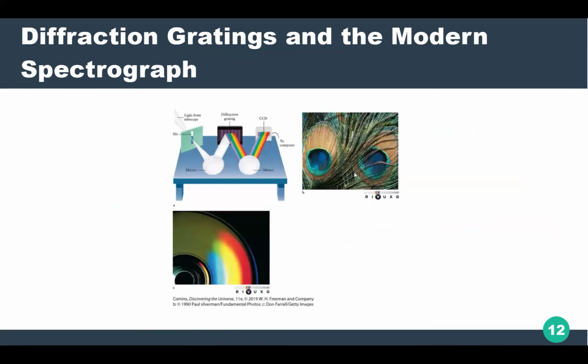And then the diffraction grating is a bunch of different slits which creates light in the same way that a CD creates light when light is shined on it, or peacock's feathers create color, not because of the pigments in their feathers, but because of the microscopic structure of the feathers.